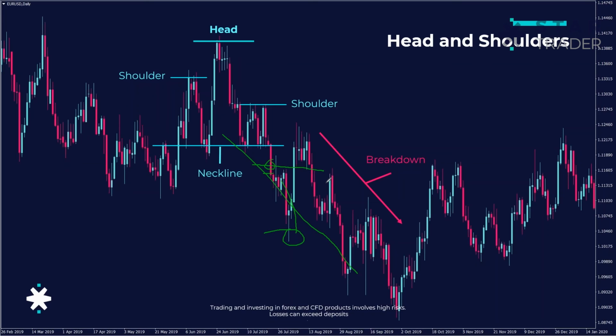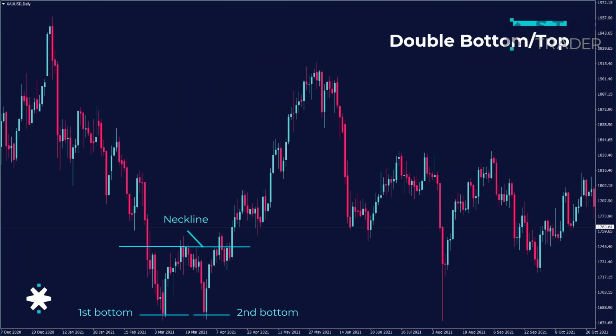How is confirmation done? The confirmation is the point where we are sure, at 90% or 70%, the highest probability, that the pattern is true. When we looked at the double top, the confirmation we were waiting for was breaking the neckline.